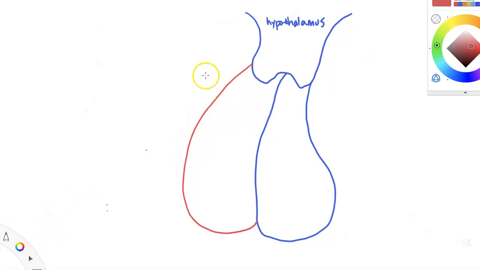So we have the anterior pituitary, and we have the posterior pituitary. So ant-pit and post-pit. The area that connects it is called the infundibulum.